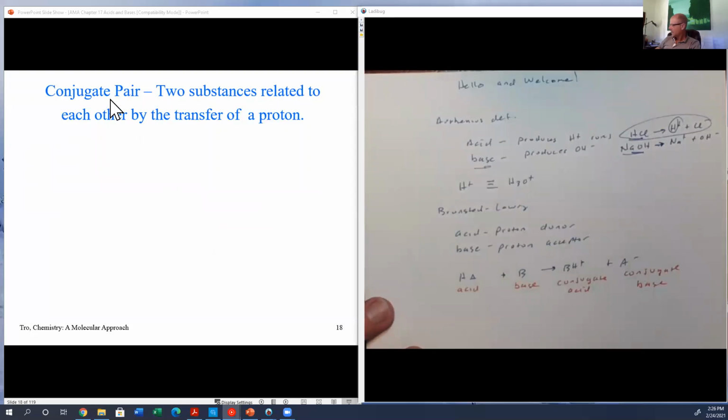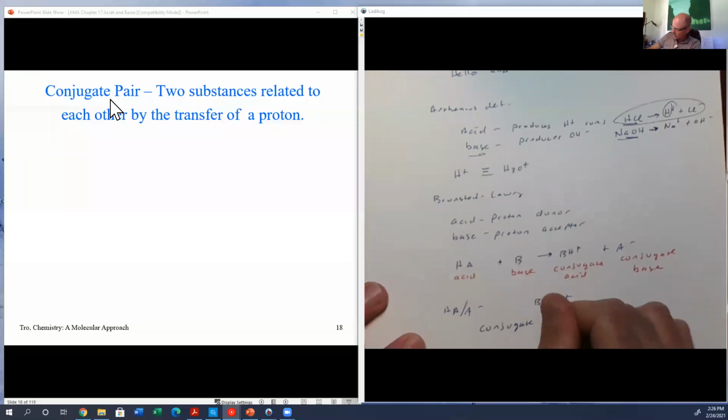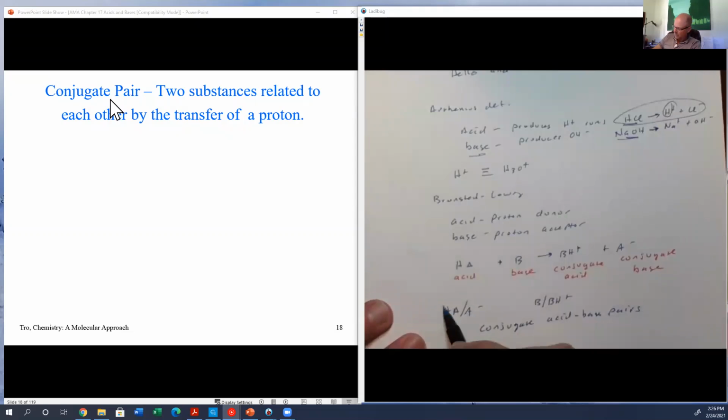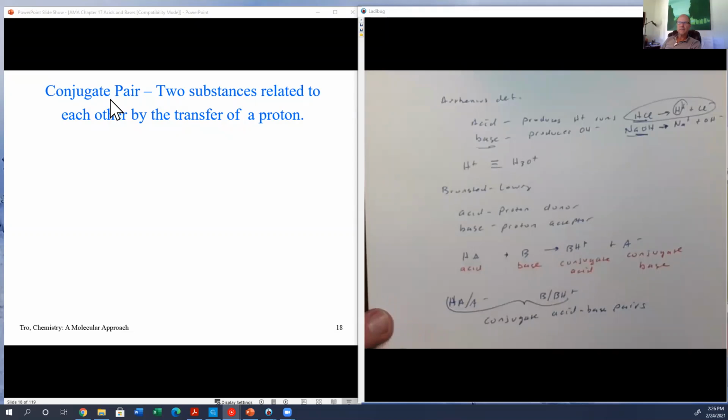These two together, HA and A minus, or B and BH plus, are called conjugate acid-base pairs.